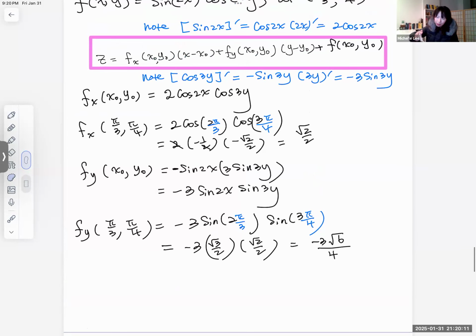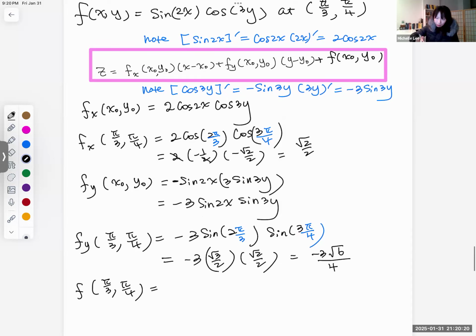Okay, let's evaluate. So f of pi over 3 and pi over 4. So the function sine 2 pi over 3 and cosine 3 pi over 4.